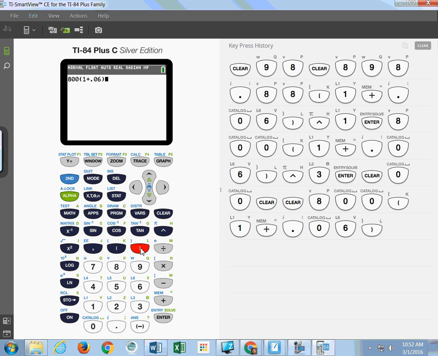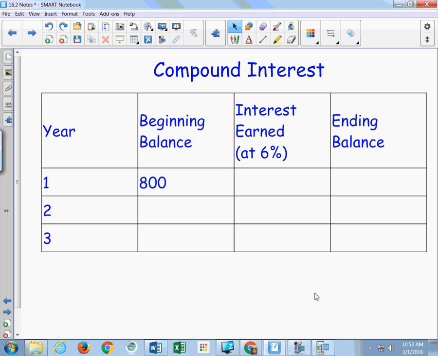Okay. And then we could put the 1 there, but you don't have to because it's just for 1. But if you want to, then tap the rooftop and then 1, and then hit enter. So that's 848 for our ending balance. That's the amount in the account after 1 year.